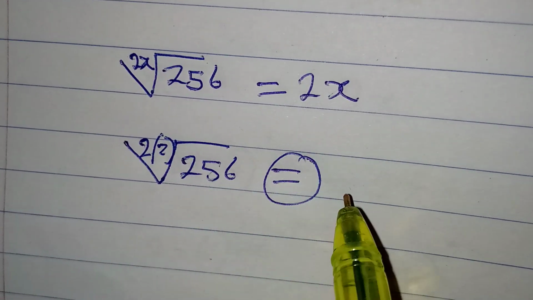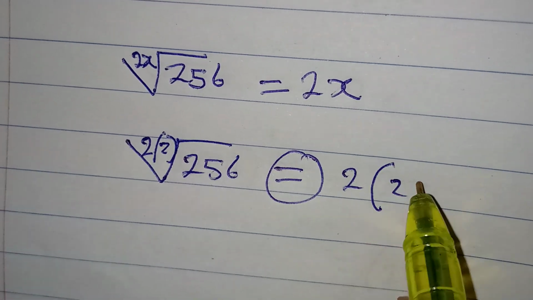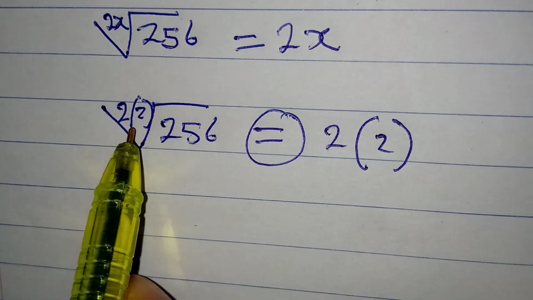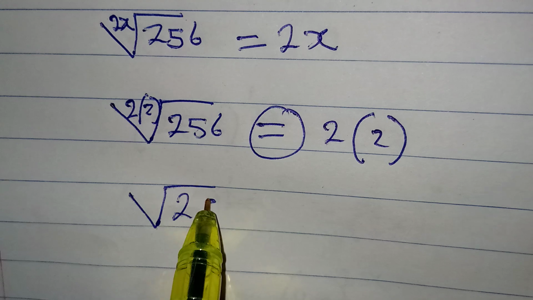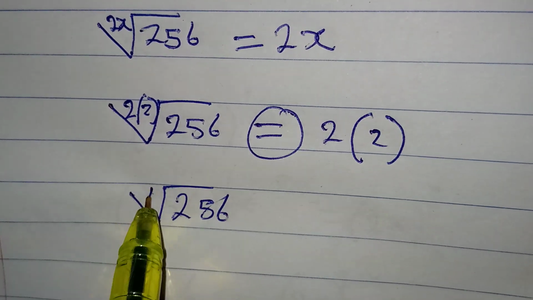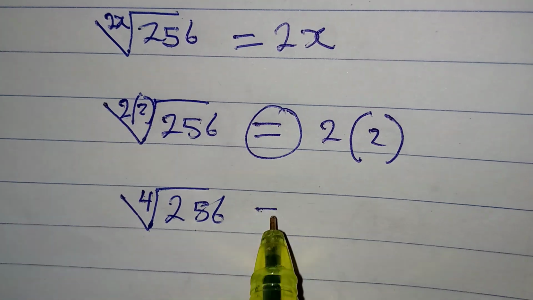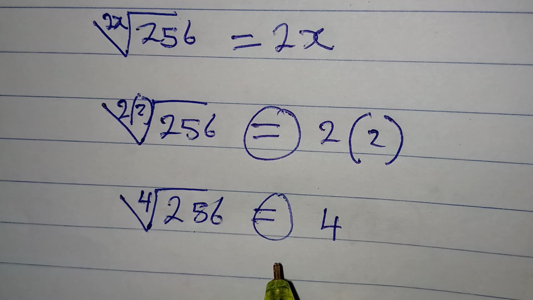Now the question is, will this be equal to 2 times 2, because x is equally 2? Now 2 times 2 there will give us 4, so that means that we are looking for the fourth root of 256. Now will this be equal to 2 times 2, which is 4?